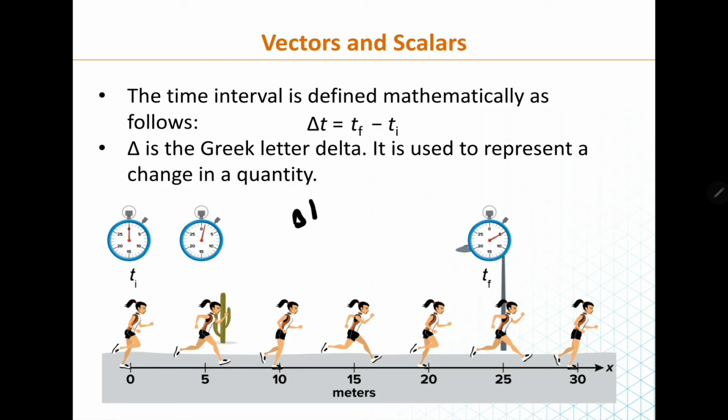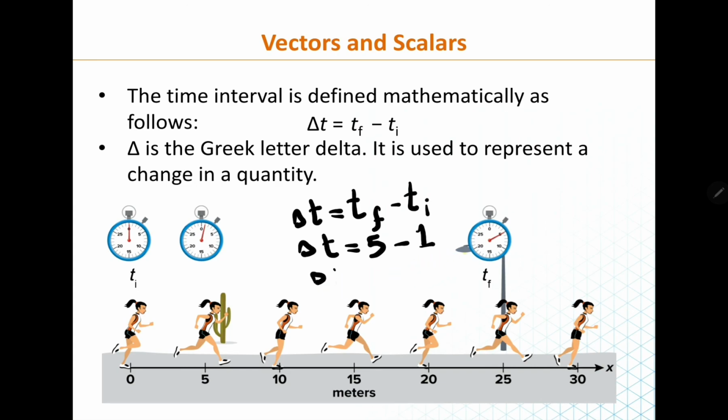Delta t equals t final minus t initial. The t final is 5 minutes, minus the t initial, which is just 1 minute.